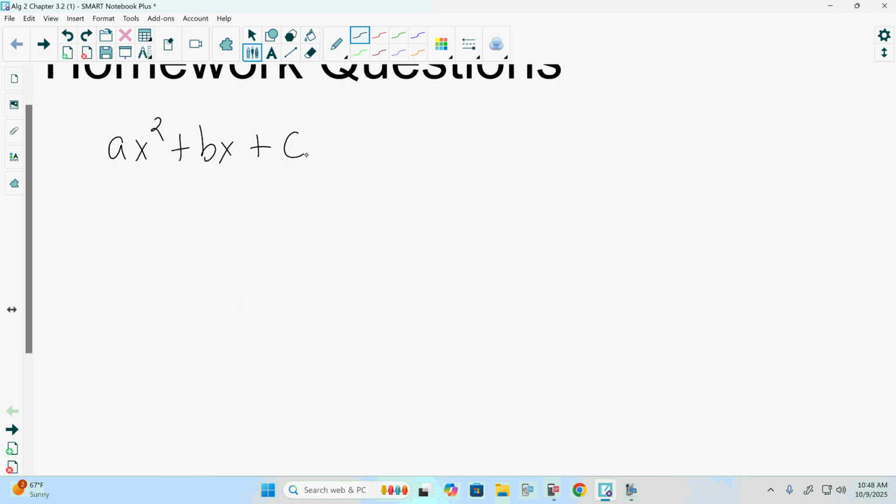I'm trying to remember it off the top of my head, because it's a squared x squared plus 2ab x plus b squared, and we can use this to get to the factored form.